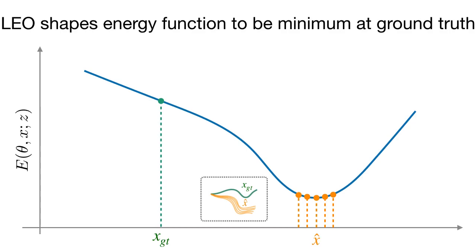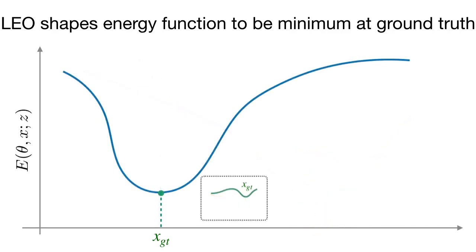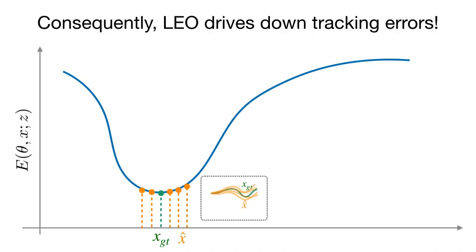The energy-based update rule is simple. Push down the cost of ground truth trajectories and push up samples around the minima. If we keep repeating this process, the minima of this function eventually centers around the ground truth. At convergence, the gradients of the samples x hat on average match the gradients of the ground truth trajectory xgt.